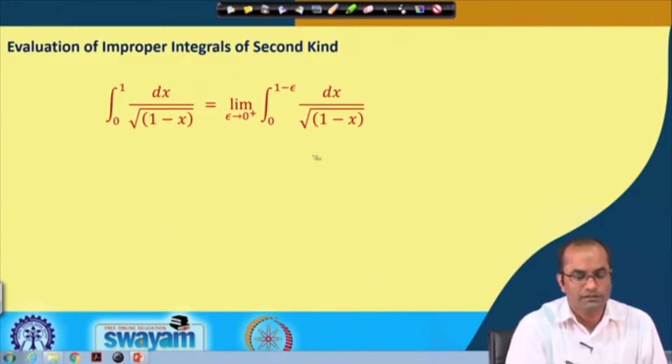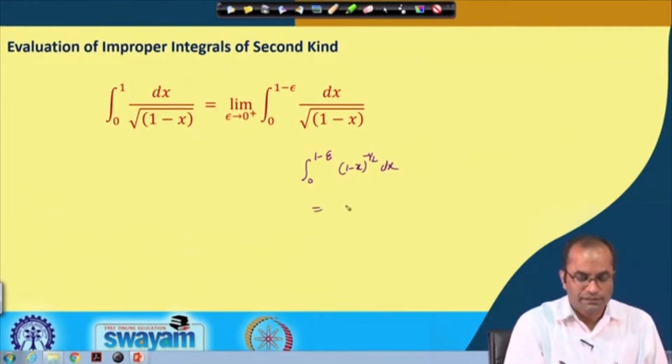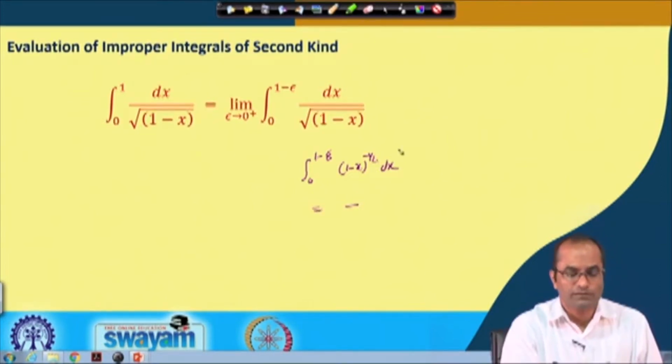So, what is this integral value here? We have the integral from 0 to 1 minus epsilon of (1 minus x) to the power minus half dx, which if we integrate, we will have minus 1 because of the minus sign, and minus half plus 1, that will be half.